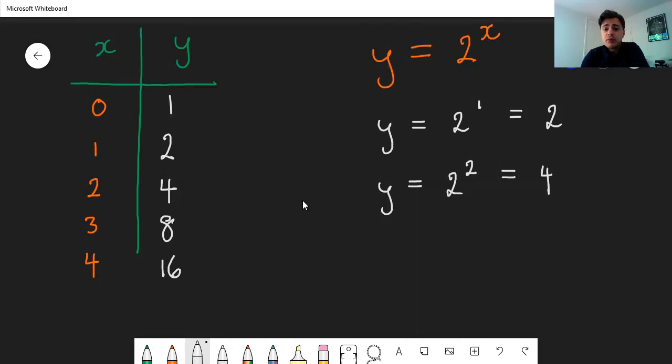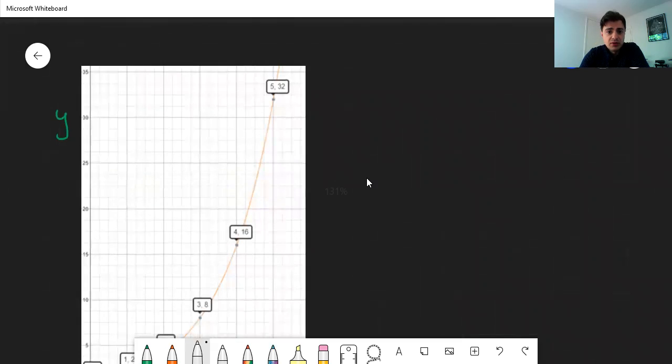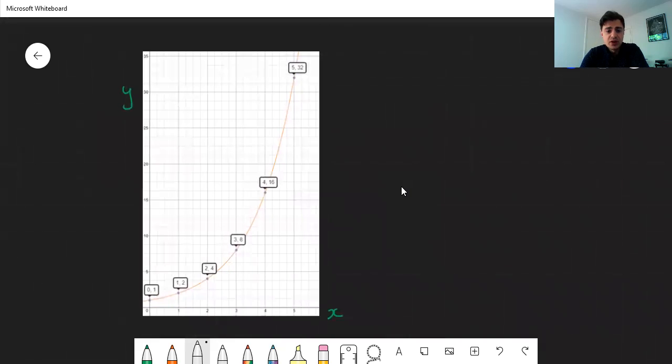And the shape of the graph from this looks exactly like this. So as the x values increase by increments of 1, the y values are increasing by greater and greater amounts. So just look at the steepness here. Okay, that steepness is not so much, but the next jump, it's much more steep.